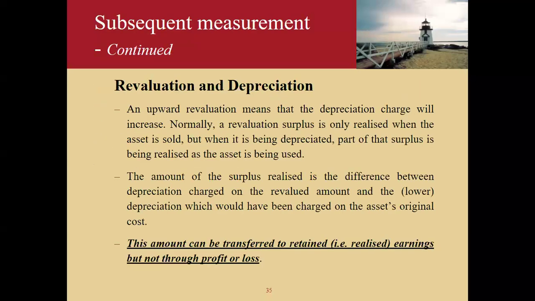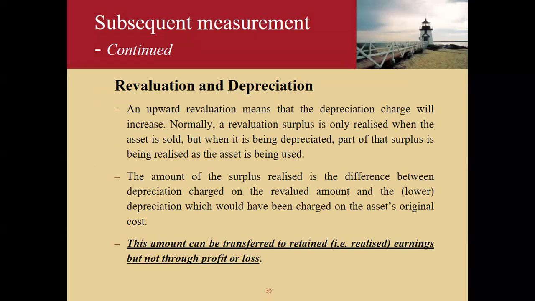Revaluation and depreciation. An upward revaluation means that the depreciation charge will increase. Normally, a revaluation surplus is only realized when the asset is sold, but when it is being depreciated, part of that surplus is being realized as the asset is being used.